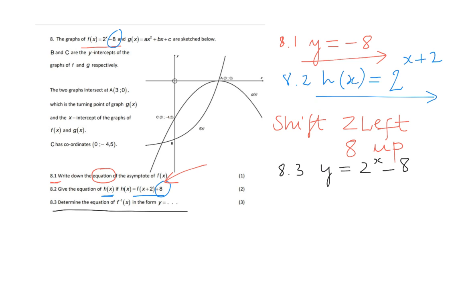Okay, what is the process of finding the inverse? The process of finding the inverse is nothing else but a reflection in the line y equals x, meaning y becomes x, x becomes y. So I have 2 to the power of y is equal to x plus 8.